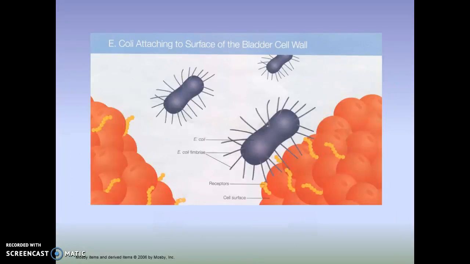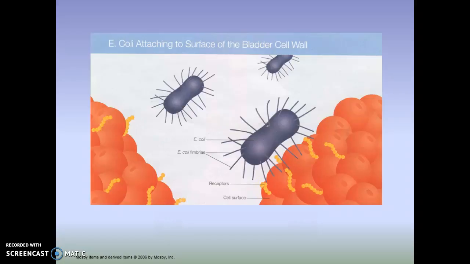All right, so this is what's happening with E. coli. All right, the bacteria also can play a role in whether or not you develop a urinary tract infection if they have virulence factors. So here, this E. coli, you see fimbriae on the surface, those little hair-like projections, and it's these fimbriae that actually interact with receptors on the cell surface to allow for the bacteria to actually dock and take hold.